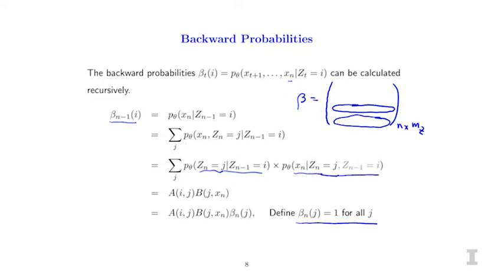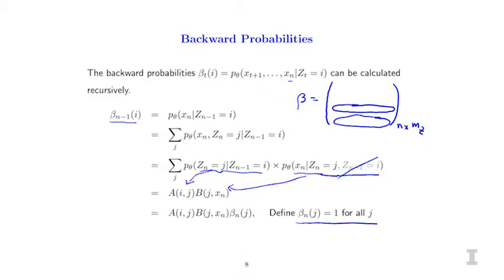But here you're going to find out z_{n-1} becomes inactive, because once we condition on z_n, x_n is independent of z_{n-1}. And then those two probabilities are easy. We can directly grab them from our parameter space. The first probability is the transition probability among the z's, and this is the emission probability.